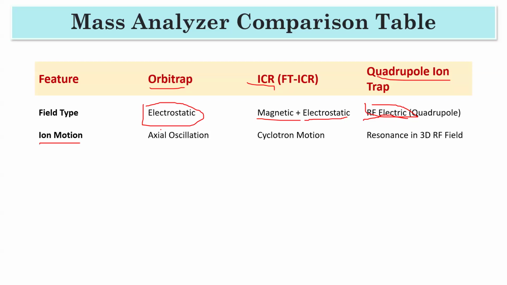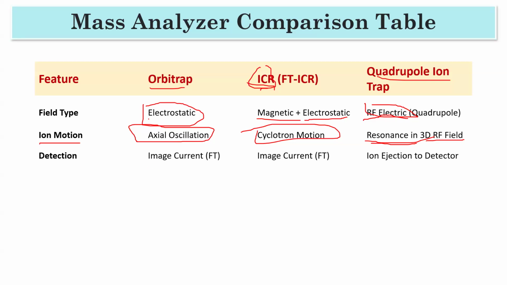In the Orbitrap it is axial oscillation. In ICR, the name itself suggests it has cyclotron motion. In the quadrupole you have resonance in a 3D RF field. So it's different.